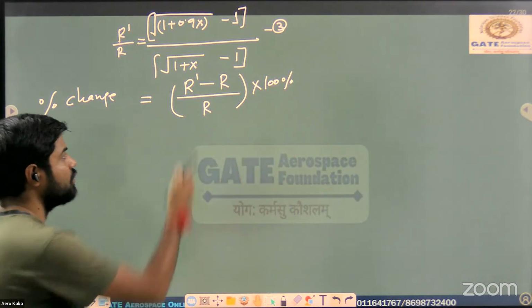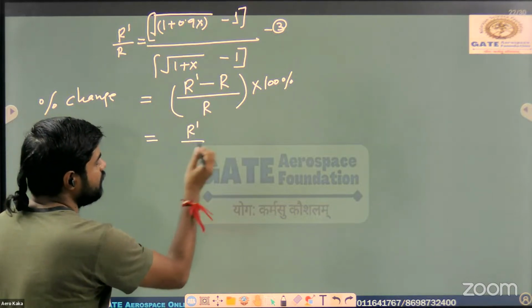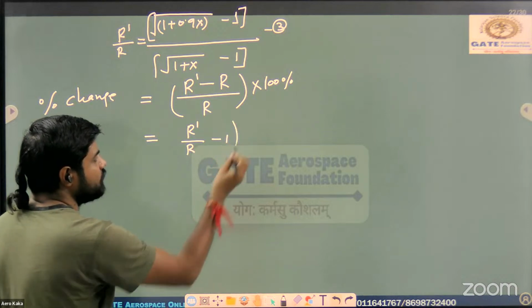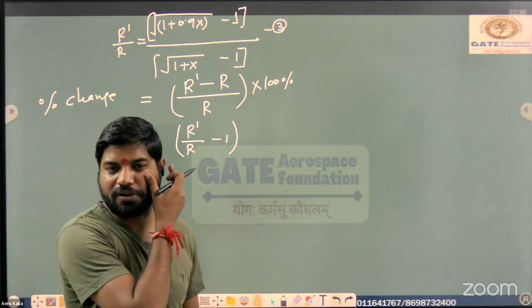If you further simplify it, the bracket value is R prime upon R minus 1. Agree or not? It's 7th class mathematics only.